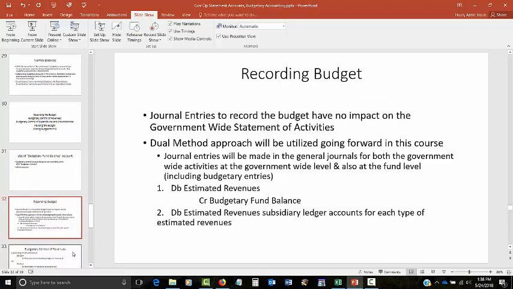Like I mentioned, recording the budget, we will have journal entries that need to be entered when we record the budget. And keep in mind that for right now, there is no impact on the government-wide statement of activities. We're going into the funds that have a legally adopted budget.